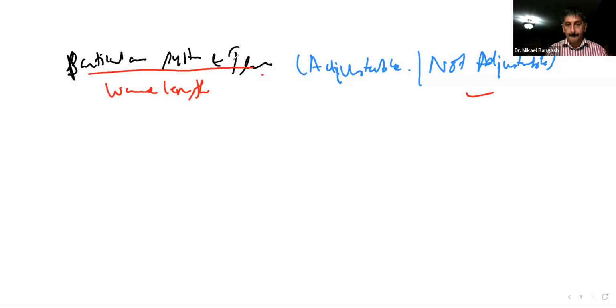Next is frequency, and again that's mainly because a particular transducer makes it not adjustable.